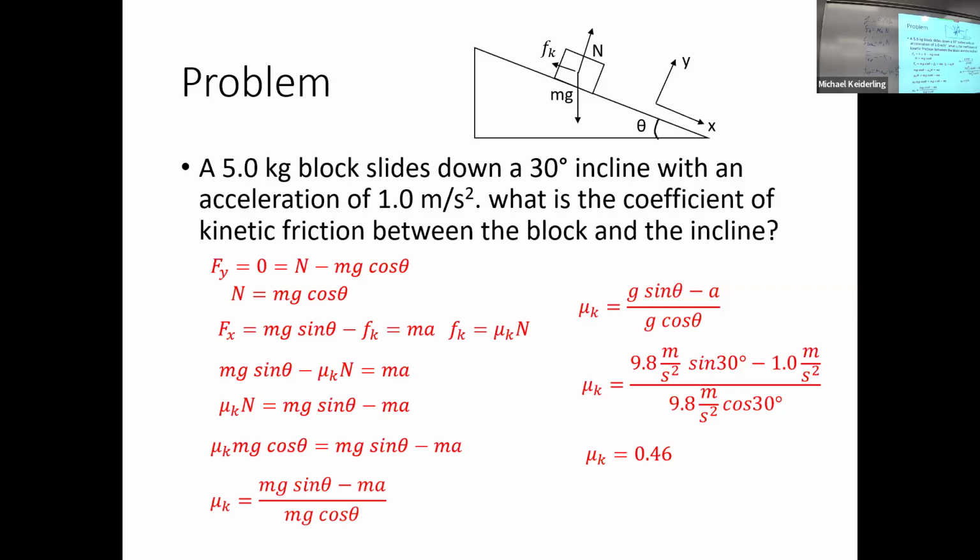Kinetic friction is mu kinetic times the normal force. So mg sine theta minus mu kinetic times the normal force equals mass times acceleration. We want to solve for mu kinetic. We get mu kinetic times the normal force is mg sine theta minus mass times acceleration.